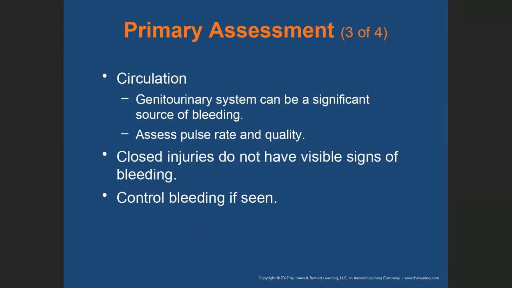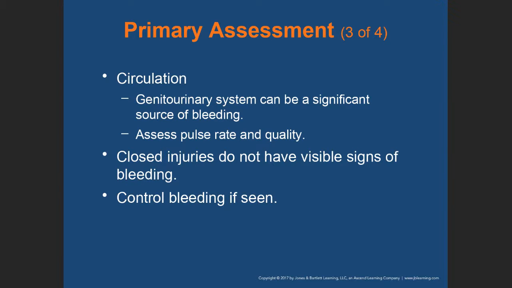Circulation. The genitourinary system can be a significant source of bleeding. Assess pulse rate and quality. Again, if the patient is responsive, check a peripheral pulse. If the patient is not responsive, go for a central pulse, the closest one to the brain, the carotid.